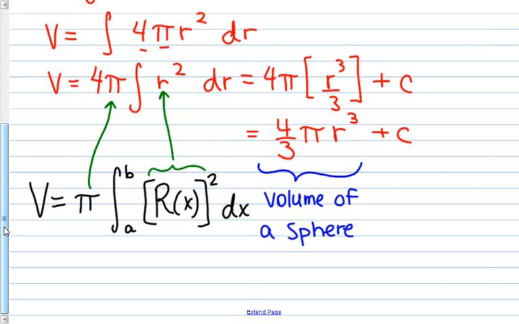So our volume is basically going to be our function squared, and our function is going to serve as our radius. And that's going to get us the volume for the weirdest shapes that you've ever seen.